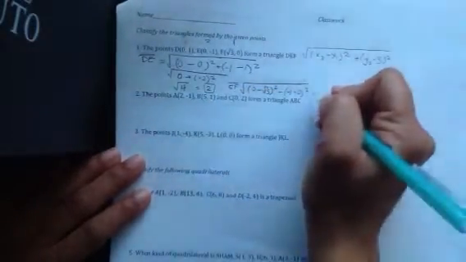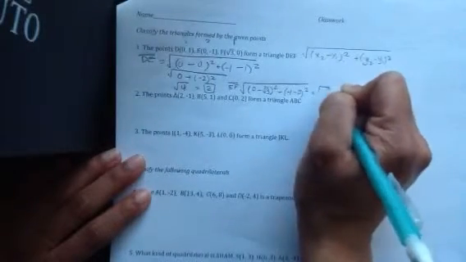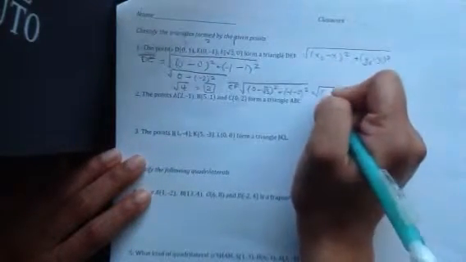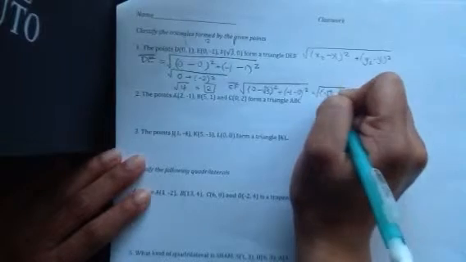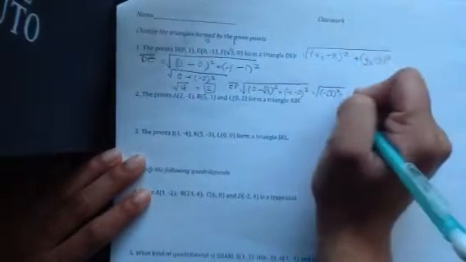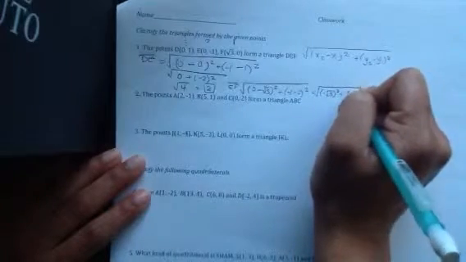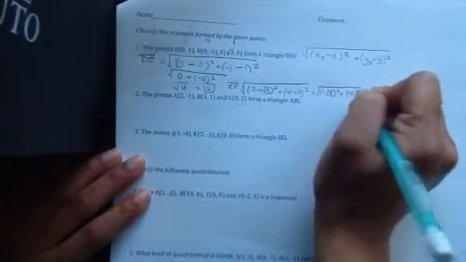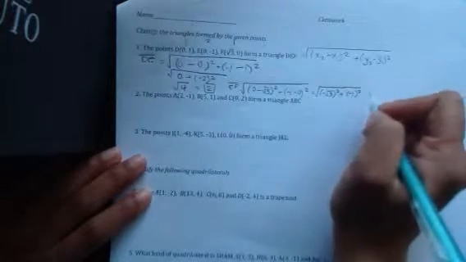So when I simplify that, I get negative square root of 3 squared plus -1 squared. Please make sure that you're careful when you are simplifying.